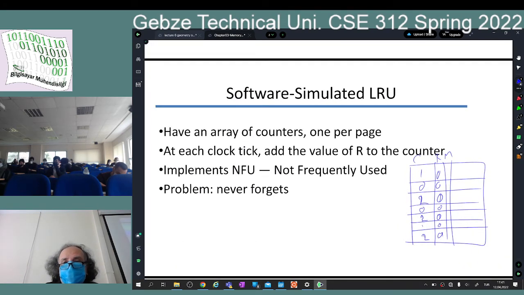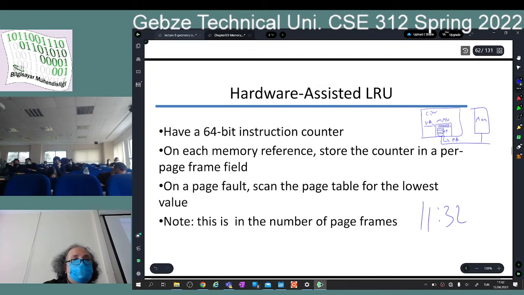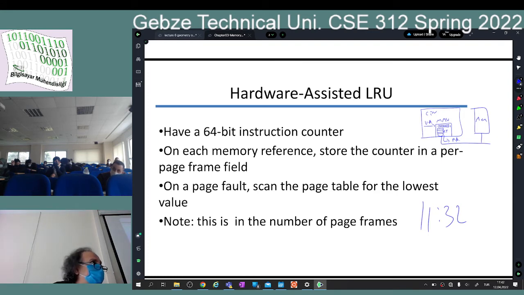The thing is that these numbers get larger and larger. So a small number or a large number doesn't mean much to me, because a large number doesn't mean that it was accessed recently. Maybe it was accessed very frequently some time ago, but it is not being accessed at all now. This is a little bit different than the previous approach. That one always stores the current instruction number to the page table by the hardware.